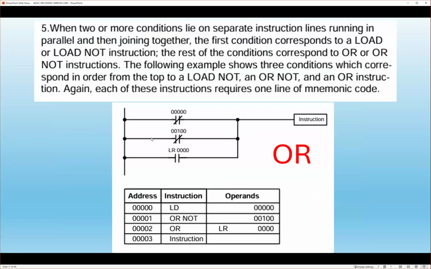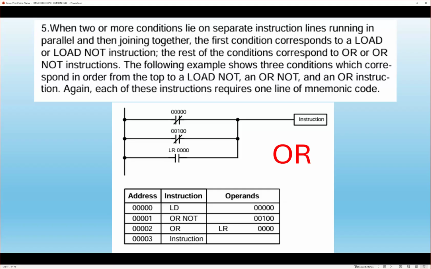When 2 or more conditions lie on separate instruction lines running in parallel and then joining together, the first condition corresponds to a load or load not instruction. The rest of the conditions correspond to OR or OR NOT instructions. The following example shows 3 conditions which correspond in order from the top to a load not, and OR instruction.